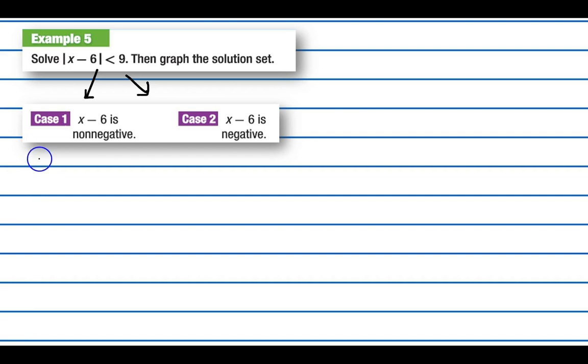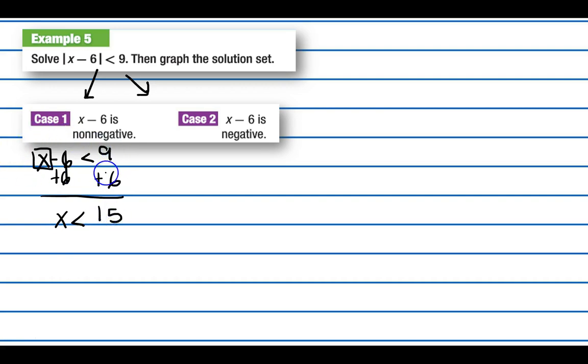So let's go ahead and solve our first one. x minus 6 is less than 9. I'm going to solve it the same way as I would normally. So box x, add 6 to both sides. So we have x is less than 15.